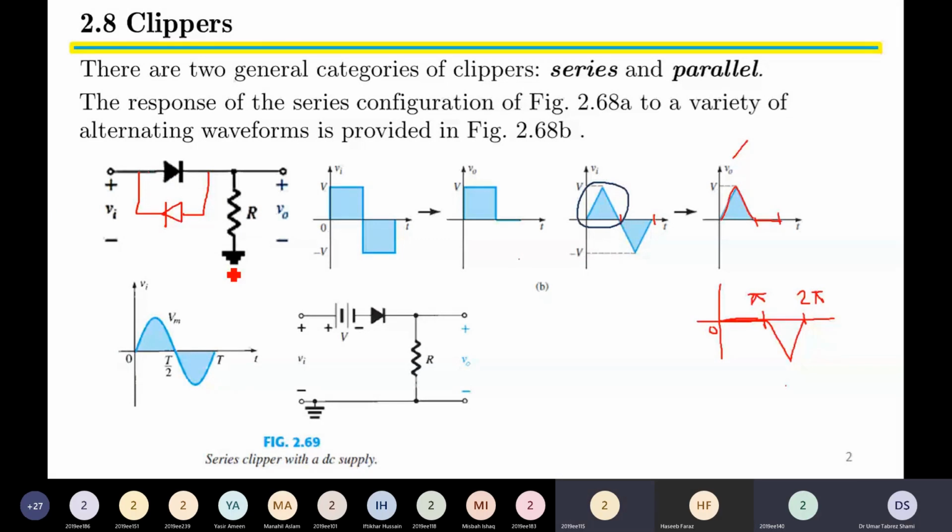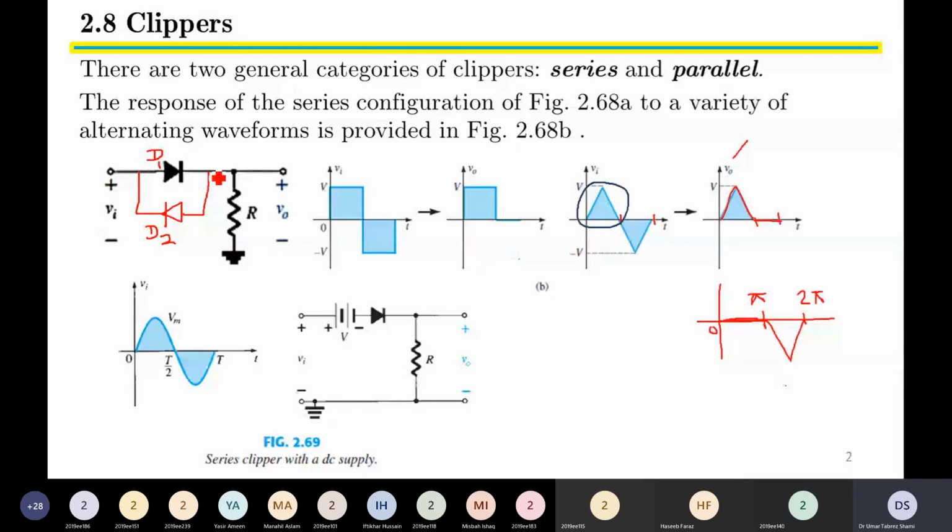Yes, sir. So what will happen is that now both halves of the input voltage, either positive or negative, will be available at the output. If we label them, we call the first diode D1 and the second diode D2. D1 will conduct when we have a positive input voltage.